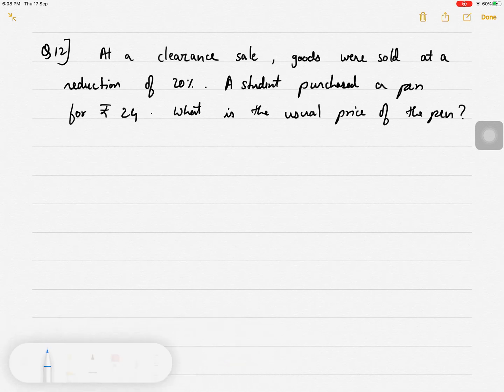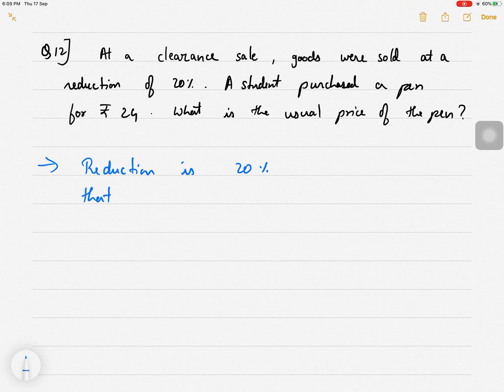But in the exam, you will write like this. Reduction is 20%. That means selling price is 80%.